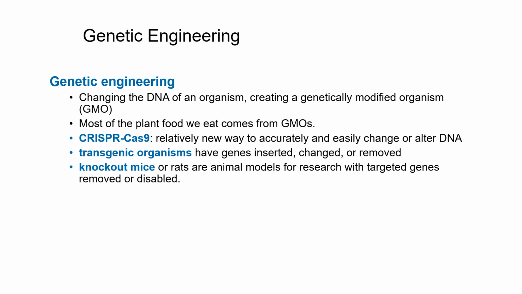We can look at various different things, like CRISPR-Cas9, which is a relatively new way to accurately and easily change or alter DNA, which is why it's become so easy to create GMOs. Transgenic organisms are ones that have genes inserted, changed, or removed.